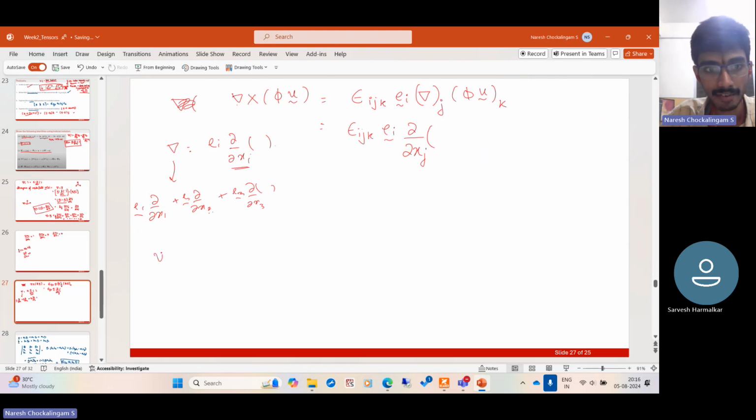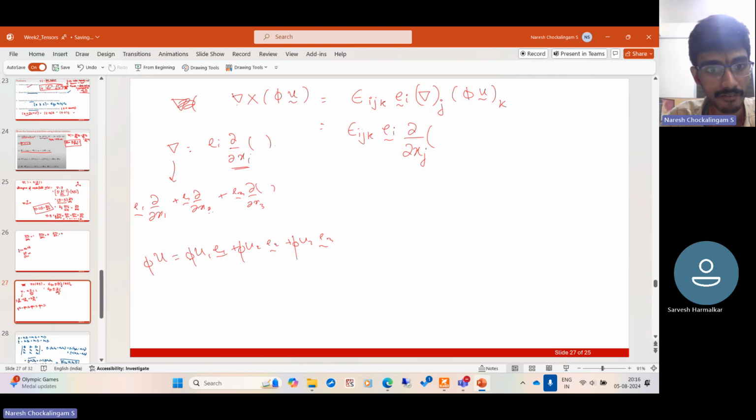So u is a vector field. So u is something like u1 e1 plus u2 e2 plus u3 e3. But phi is a scalar field. So phi is just a number which gets multiplied with all the components. Right? So the kth component of phi u is what? Third component of phi u is phi u3. Second component is phi u2.